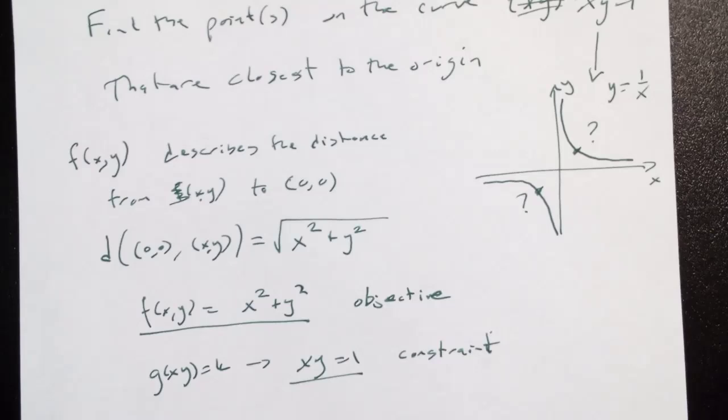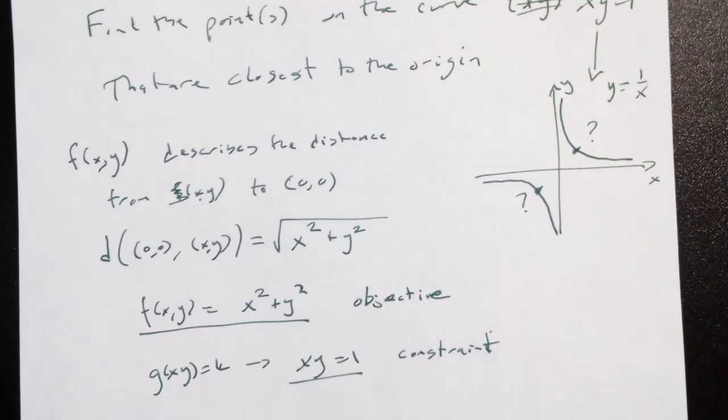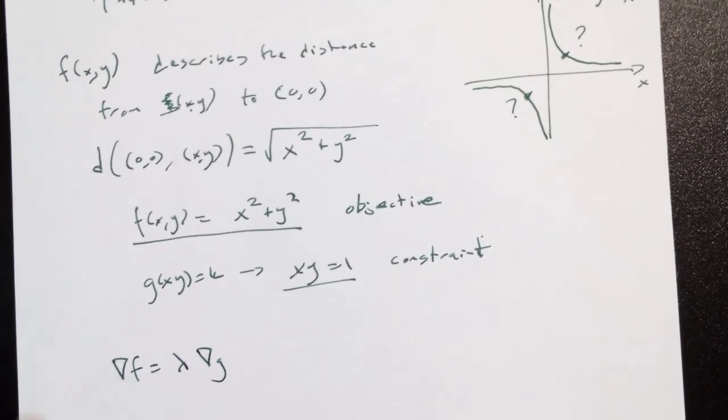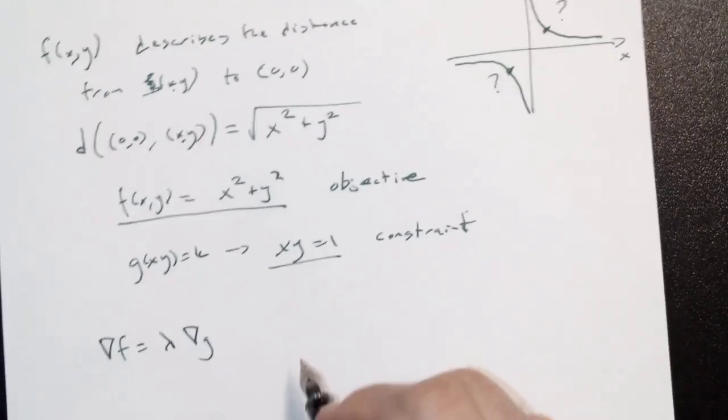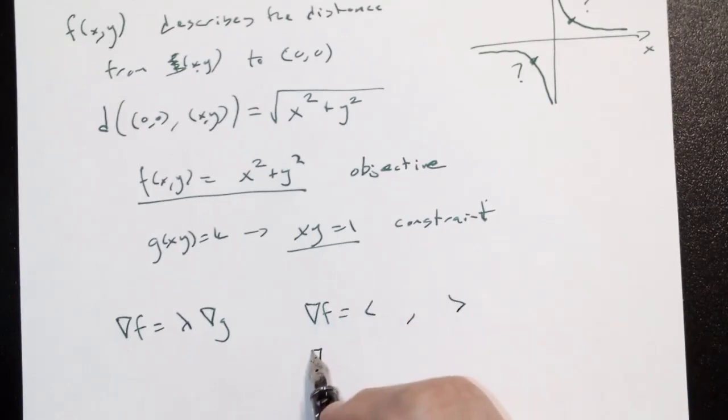And here's where I take the gradients. In order for me to find the maximum, I need the gradient of f to be parallel to the gradient of g. So I need to know what's the gradient of f. What's the gradient of g?